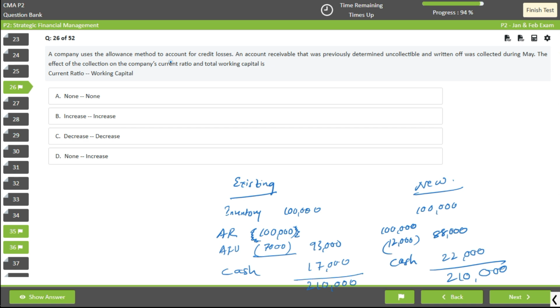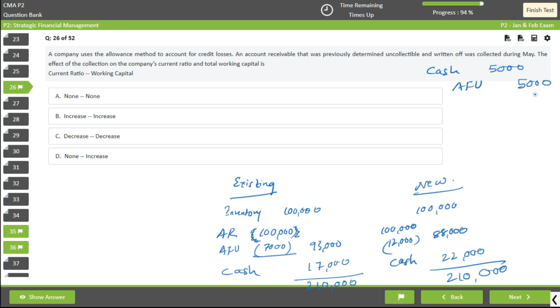A company uses the allowance method to account for credit loss. Accounts receivable that was previously determined uncollectible and written off was collected during May. So when you collect your accounts receivable, you are going to debit your cash, and the allowance for uncollectible accounts is going to increase. So you are going to get cash 5,000, and that is 5,000.